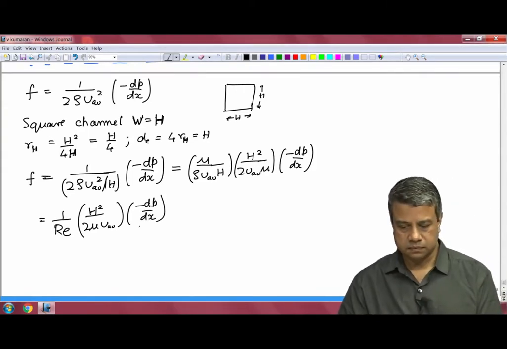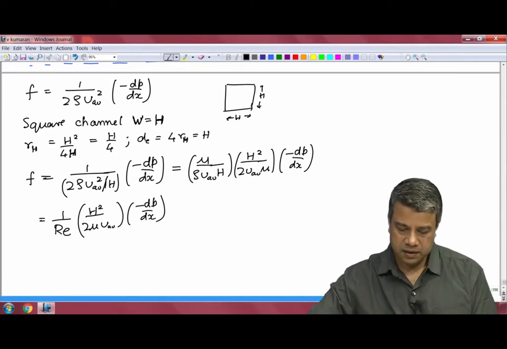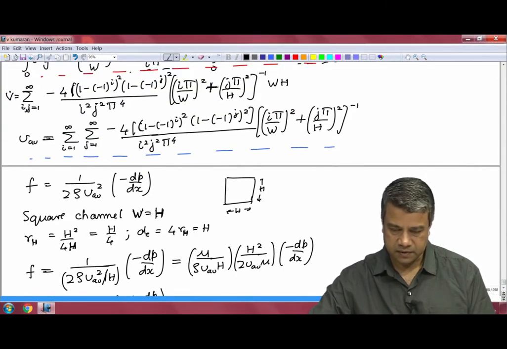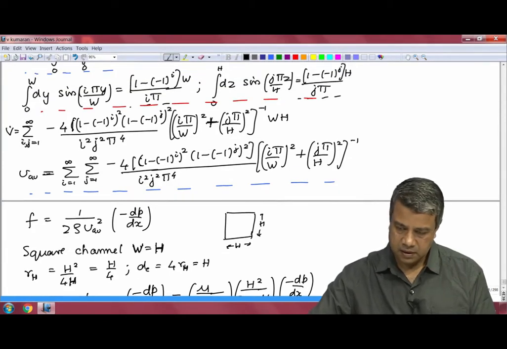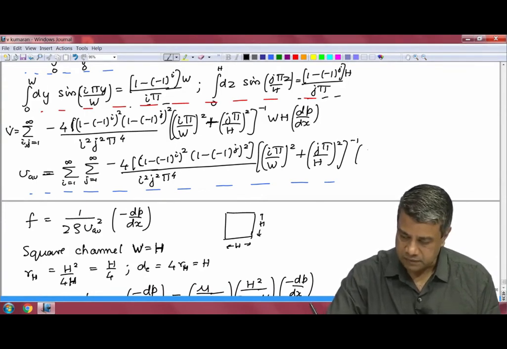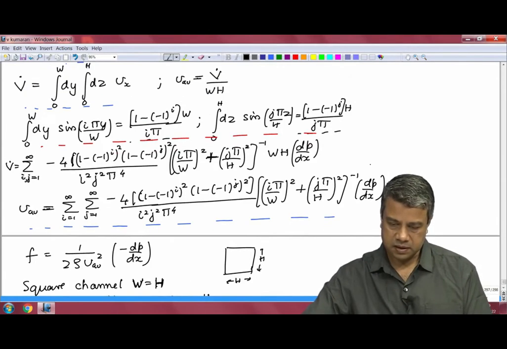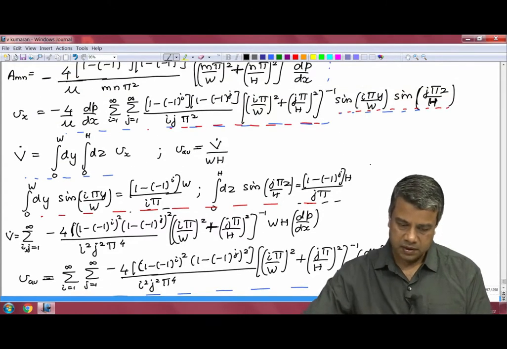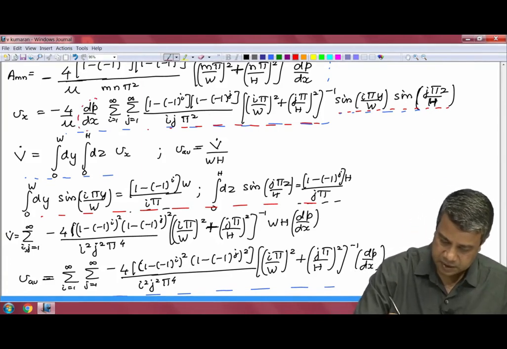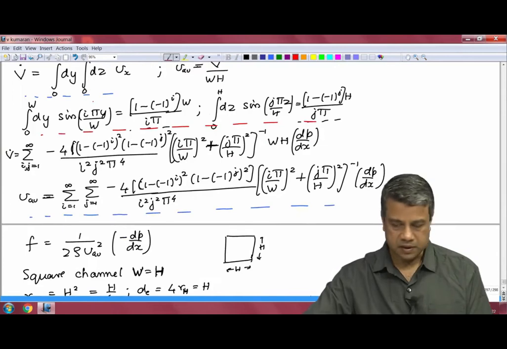And recall the expression for the average velocity here, where I have left out this dP by dx. Kindly correct that, because this dP by dx has to appear in these expressions, in my constants.